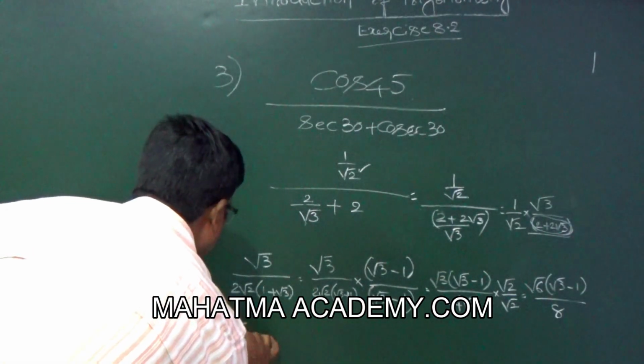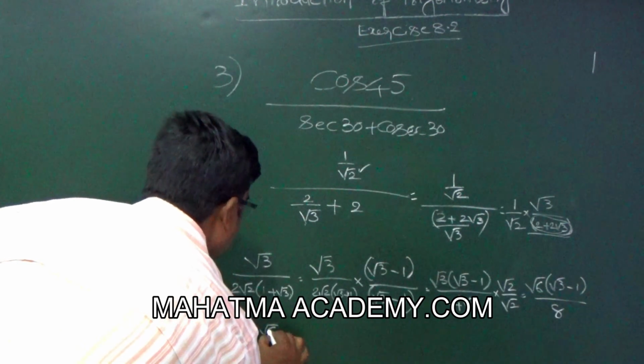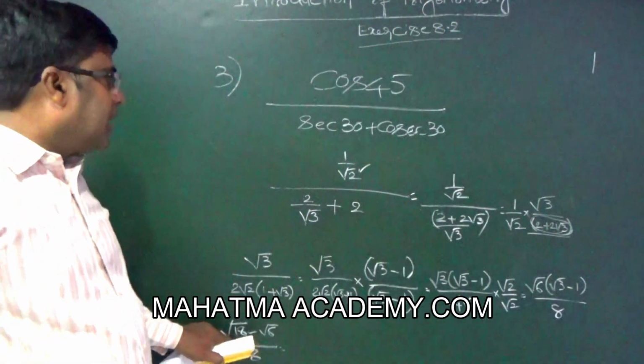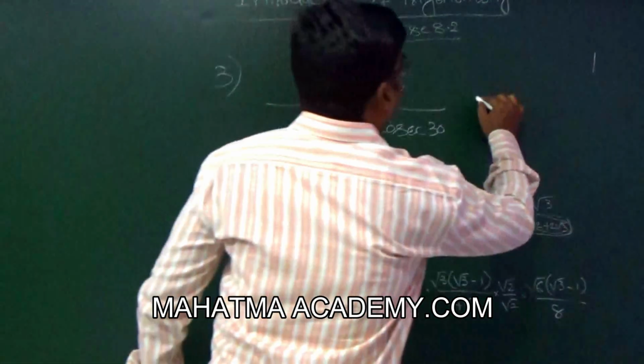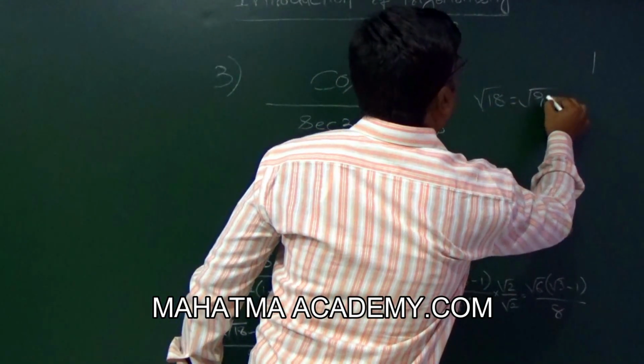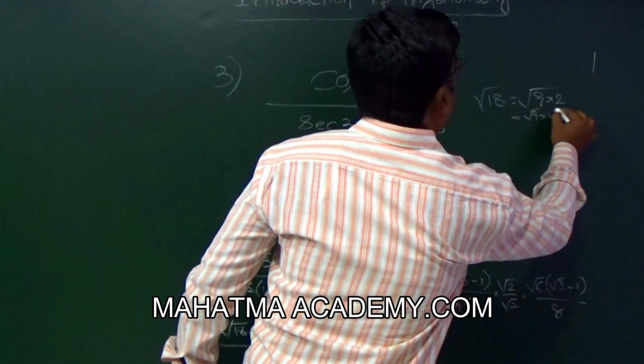Numerator, we will have root 18 minus root 6 upon 8. What about root 18? Root 18, we can write like this: root 9 into root 2.